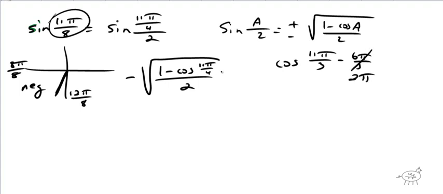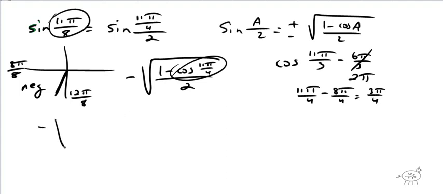So that's exactly what we're going to do with that 11 pi over 4. Just inside of here, we're going to subtract 2 pi one time. So it's going to subtract 8 pi over 4, which is 3 pi over 4. So now it really is the square root of 1 minus cosine of 3 pi over 4 over 2. Just makes it a lot easier to work with.